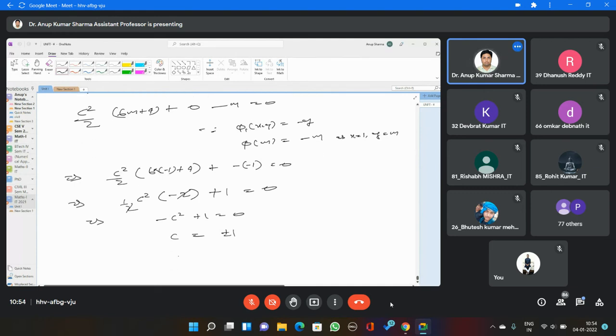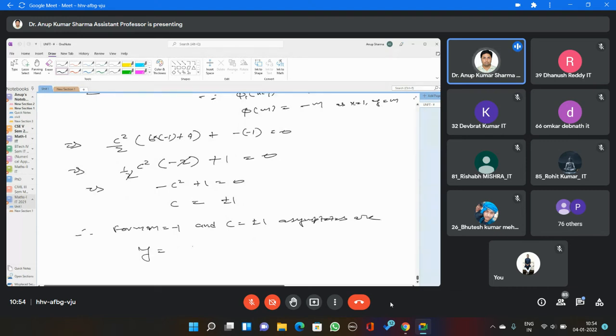Okay, by simplifying, so therefore for m is equal to minus 1 and c is equal to plus minus 1, asymptotes are y is equal to minus x plus 1 and y is equal to minus x minus 1.